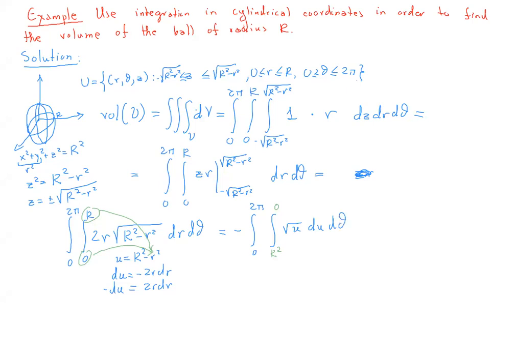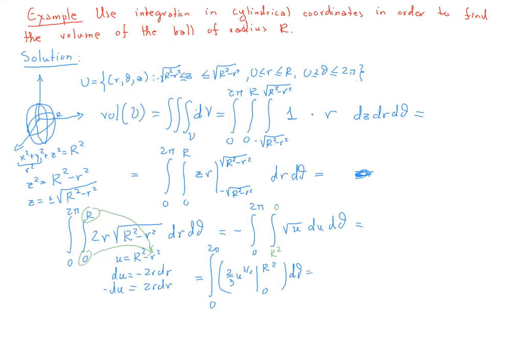And the nice thing is that the minus sign that we have in front can bring our limits in the inner integral back to their natural order. And the antiderivative of u to the 1/2 is 2/3 u to the 3/2, and we will go from 0 to R squared. And this whole thing has to be integrated once we find this number from 0 to 2 pi d theta. I could have split this integral, I didn't do it.